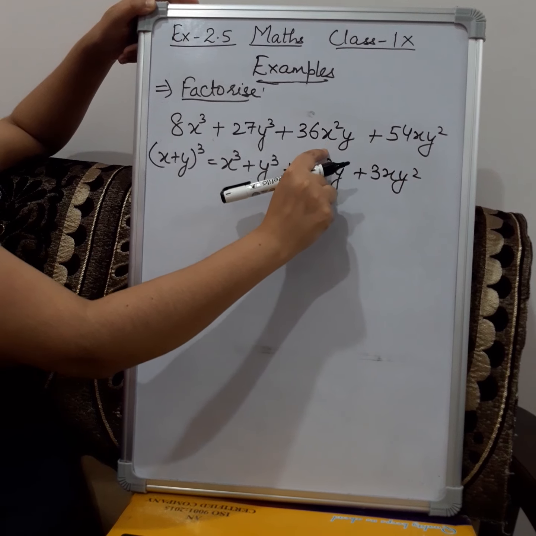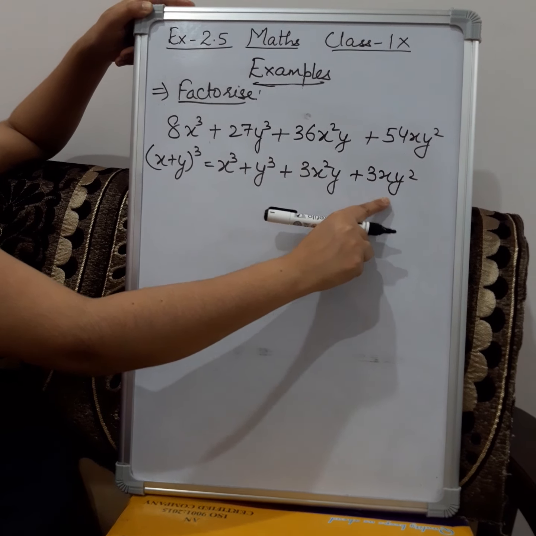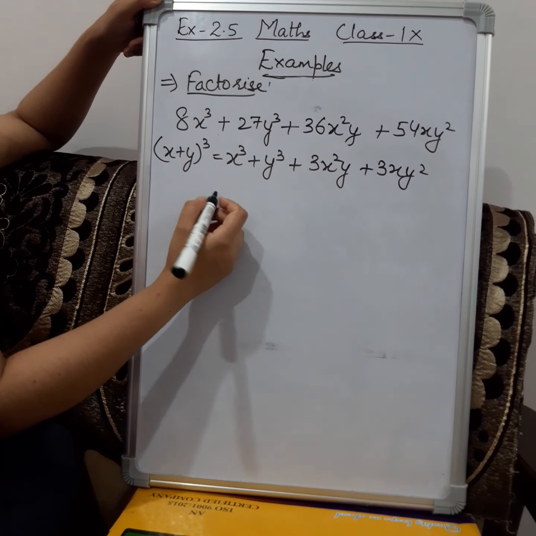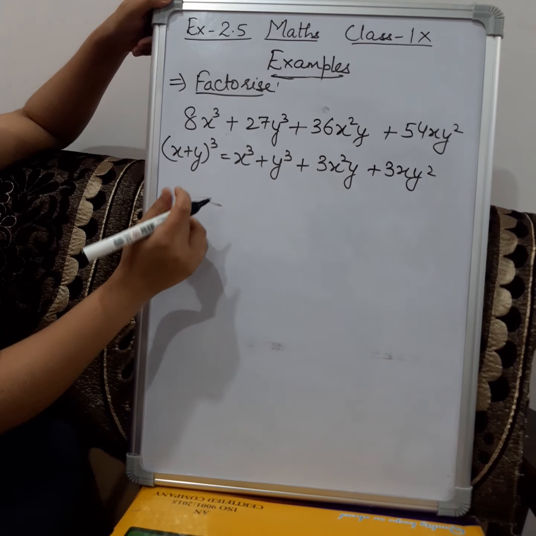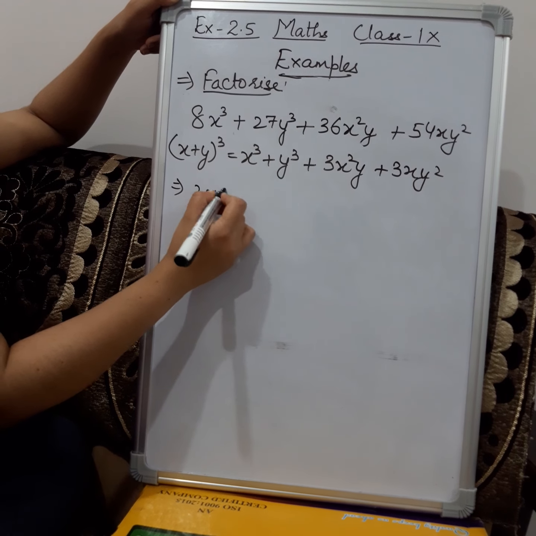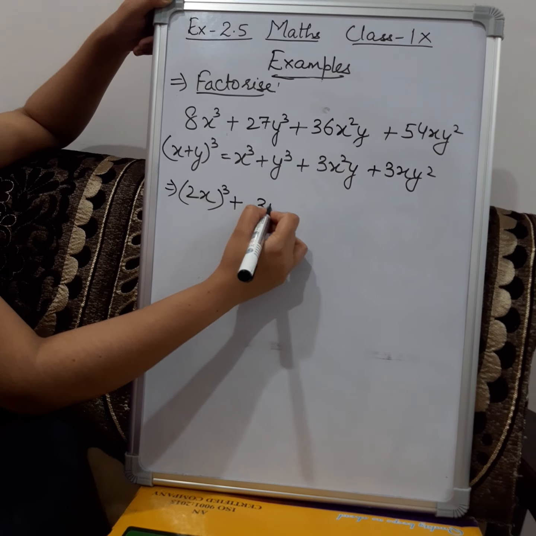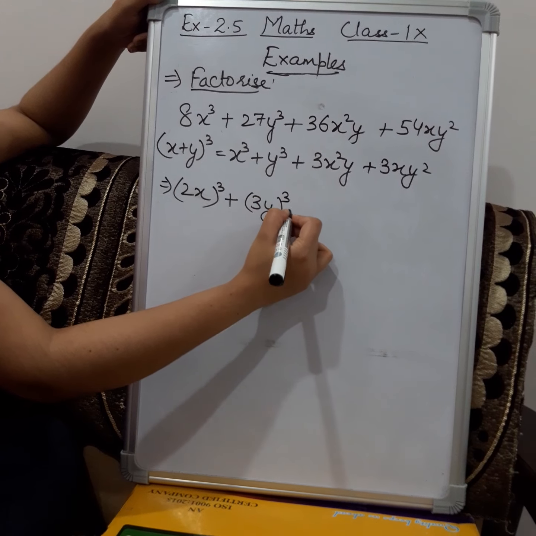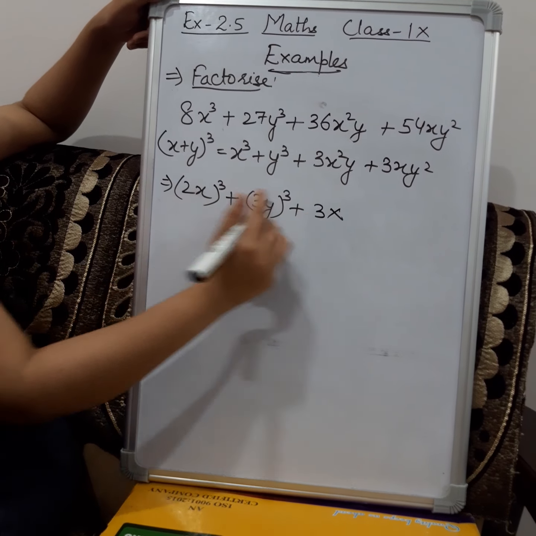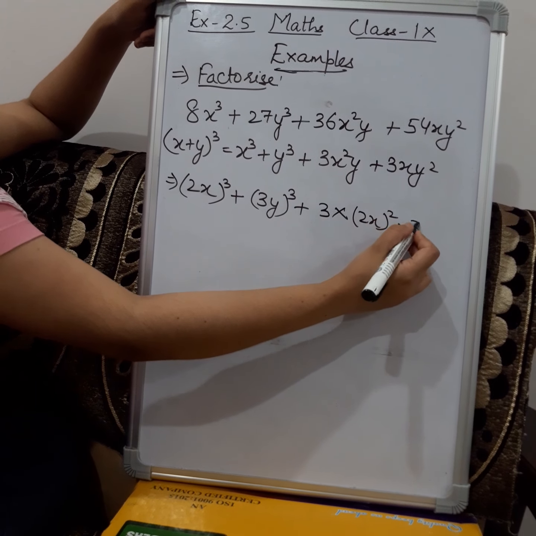You can see here also we are getting x square y, and here also xy square, so I can write this in this form. So this can be written as 8x cube means (2x) whole cube, 27y cube means (3y) whole cube, then plus 3 x square y: what is x? 2x, x square, and y is 3y.